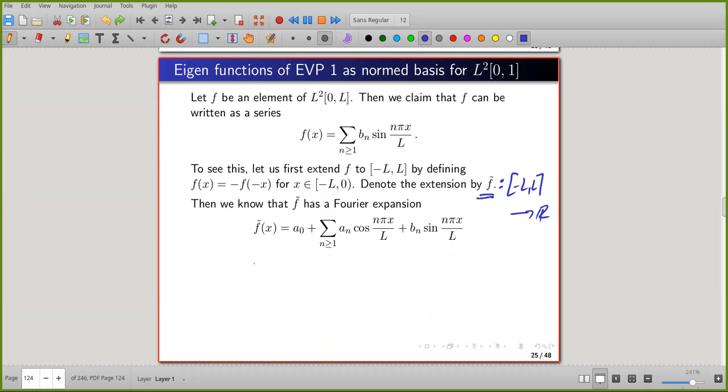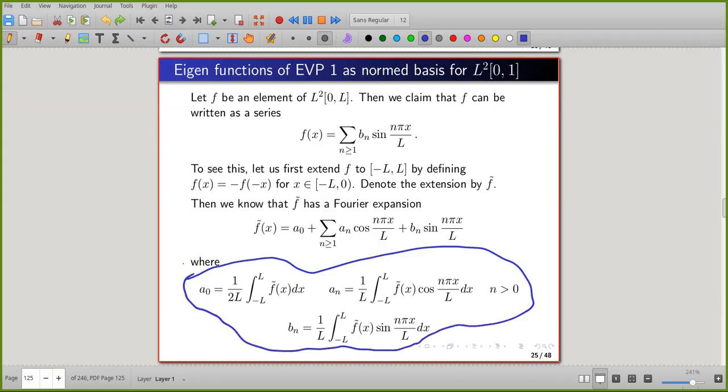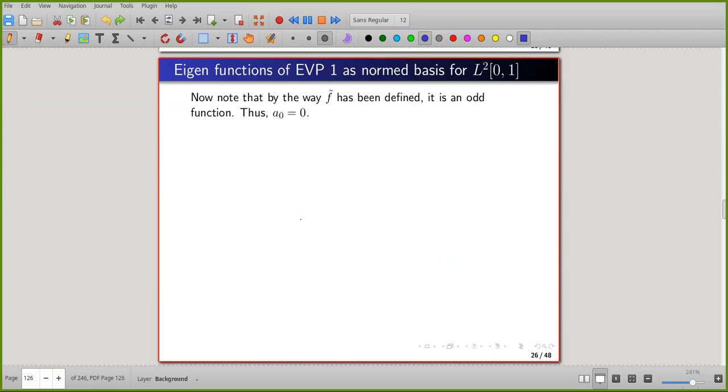And now by our earlier theorem, we know that f tilde has this Fourier expansion. And these are the definitions of A0, An, and Bn. Now we just have to prove that these numbers are 0. How do we prove this? That's going to be obvious. Note that by the way f tilde has been defined, it is an odd function.